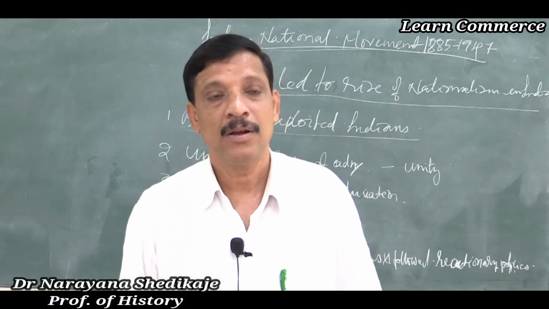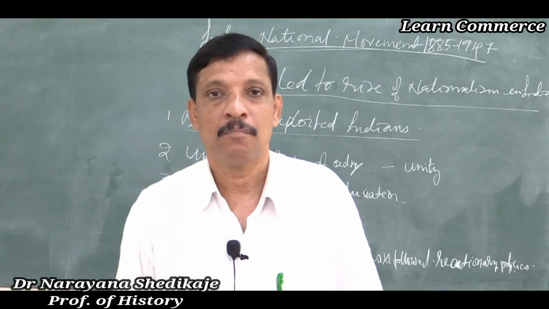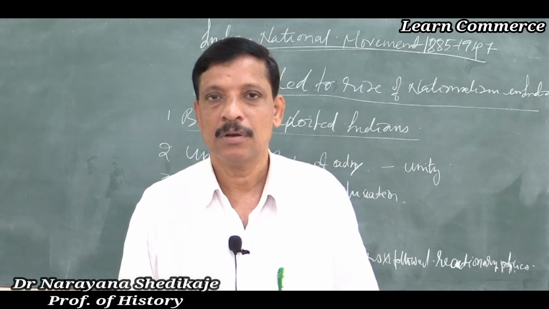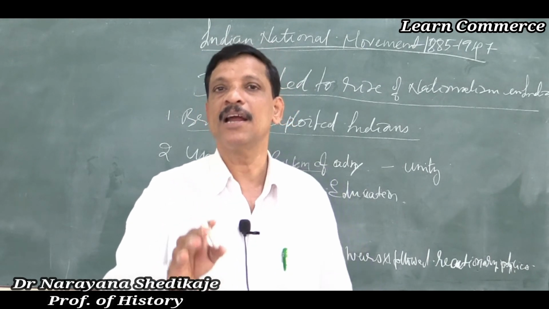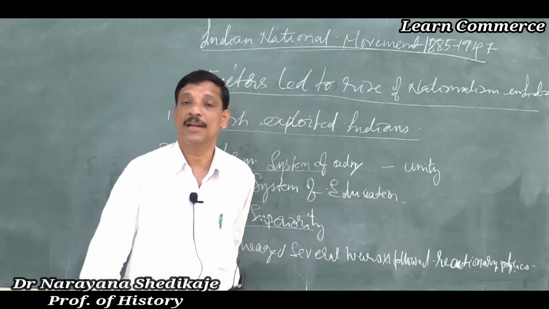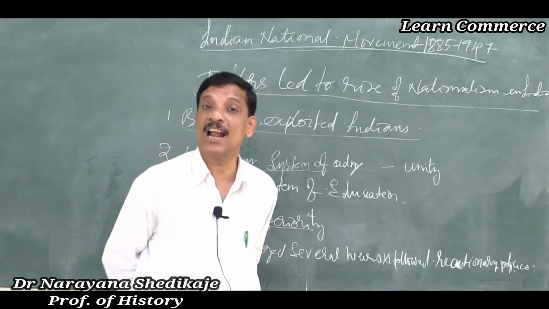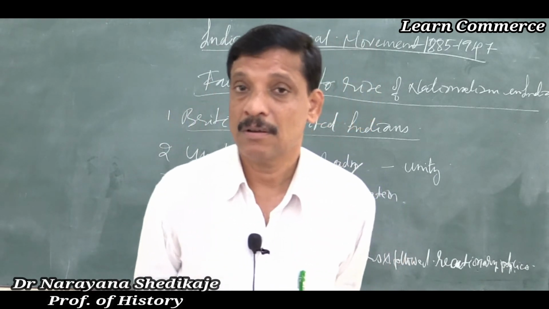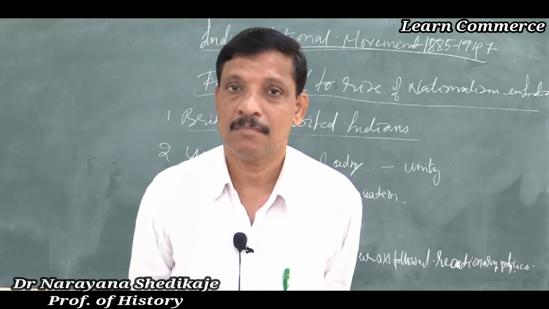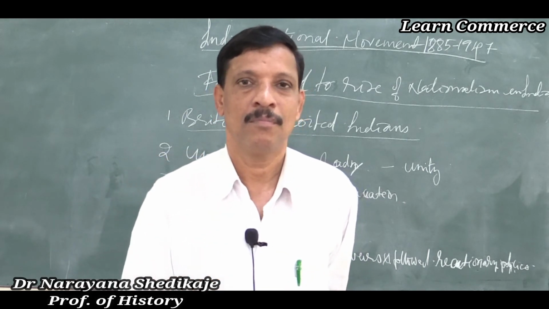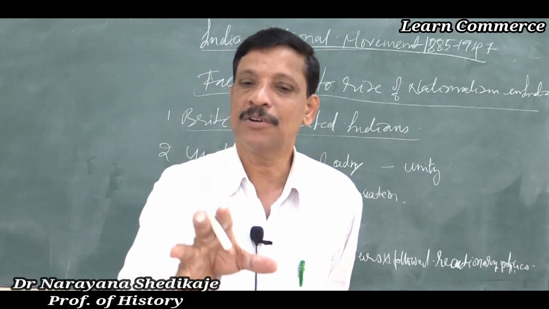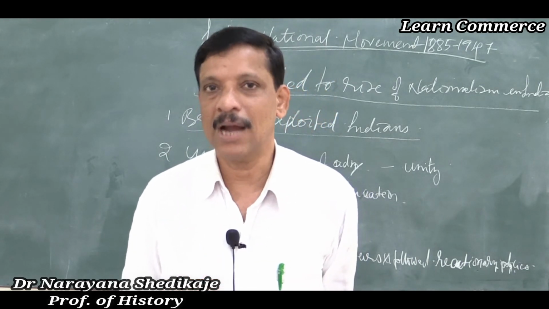For example, doctrine of lapse. If those rulers died without any male issue or male child, their kingdom lapsed to the government, and the British government took control of their kingdom. And subsidiary alliance system, another pretext of the British to control India. By giving assistance to the Indian rulers, they automatically wanted to control these native rulers.